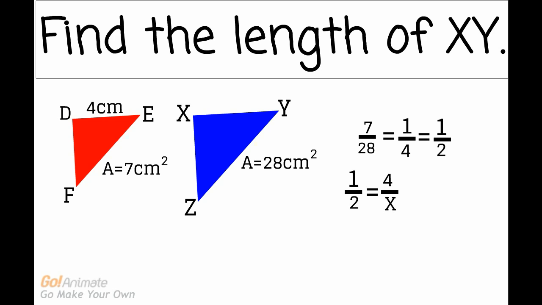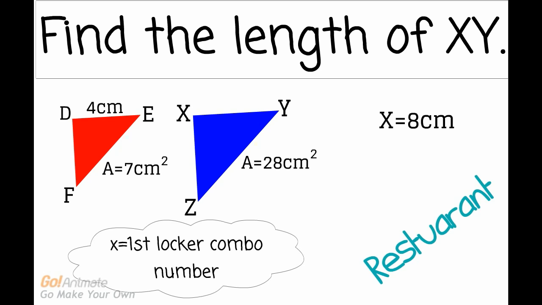Then, you make a proportion of 1/2 equals 4/x. And to get the answer, you cross-multiply, making x equal 8. Wow! It was easy. Sometimes I forget to square or square root the scale factor. Another clue discovered. Looks like I'm going out to eat for dinner tonight.